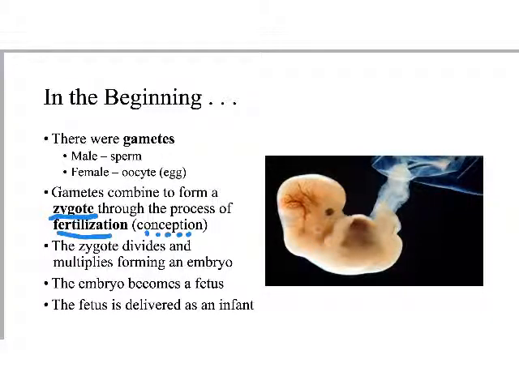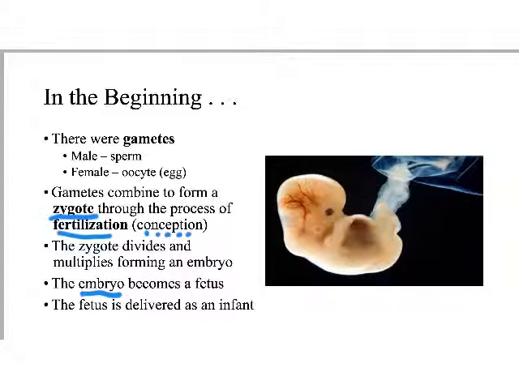The embryo is what we have once that cell has begun to replicate, divide, and turn into numerous cells, travel to the uterus, and eventually implant. Once it implants in the uterus, we call it an embryo. Then the embryo will continue to replicate and divide and grow and form new tissues, and we call that a fetus.